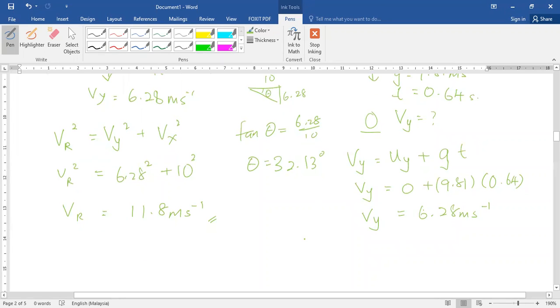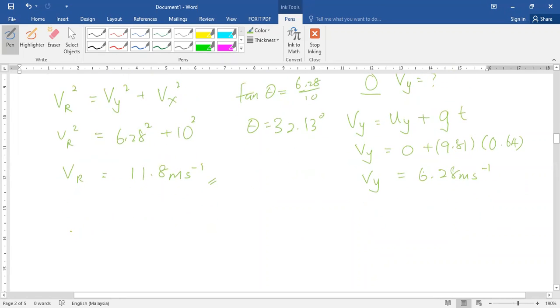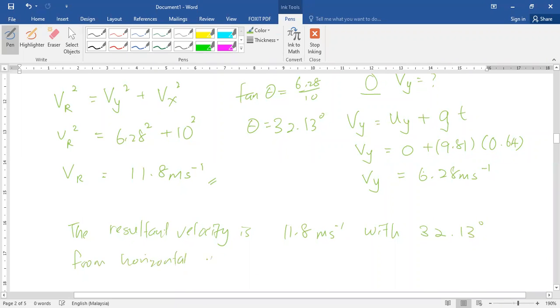Okay, so this means I can set that the resultant velocity is 11.8 ms^-1 with 32.13 degrees from the horizontal surface.